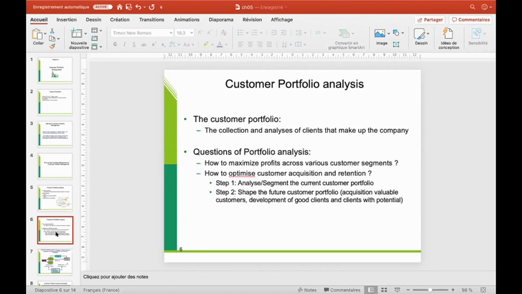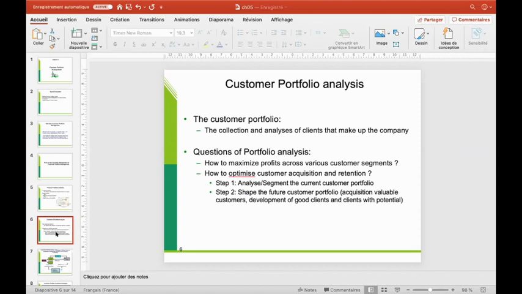You have to analyze and segment the current customer portfolio according to actual value, past contribution, and according to future contribution. This is what we have seen in the course about KPIs. For example, you can use the RFM measurement, recency, frequency, monetary amount, to segment the past value.